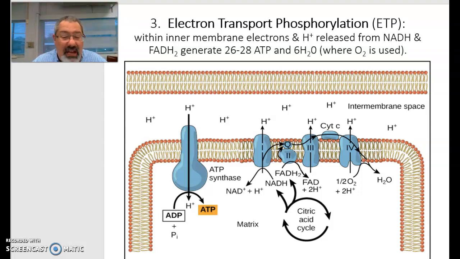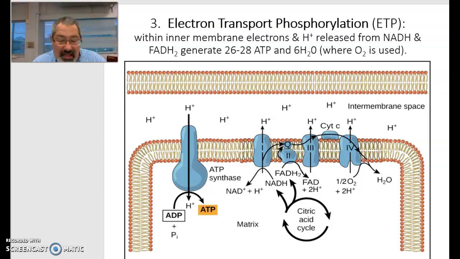They're shaded in light blue. The proteins release the hydrogen ions into the space between the two membranes of the mitochondrion, called the intermembrane space. The electrons are transported through these different proteins. You notice they are numbered 1, 2, 3, cytochrome C, and then 4.